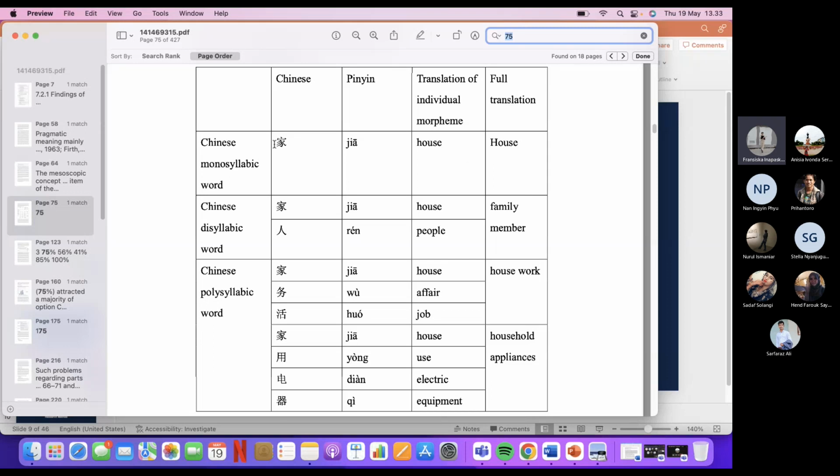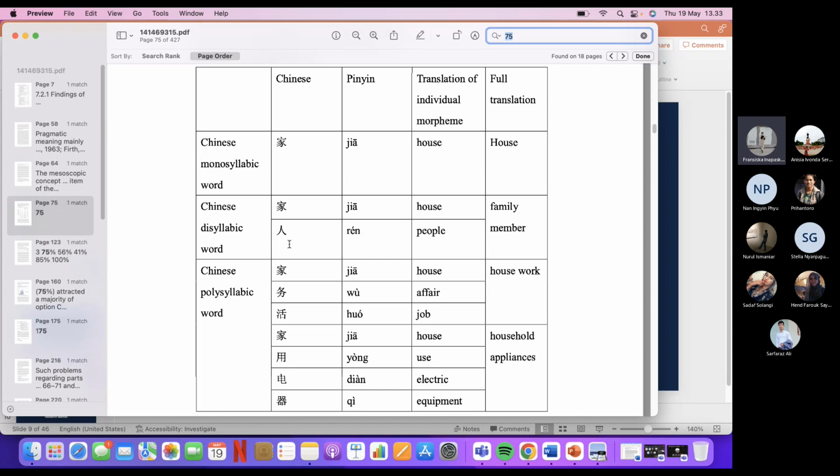From the table, a monosyllabic word is represented by one Chinese character, which is chia here, and the morpheme is house, and the full translation is house. And a disyllabic word is represented by two Chinese characters, chia and ren. The translation of the individual morphemes is house for chia and people for ren, and the full translation is family member.